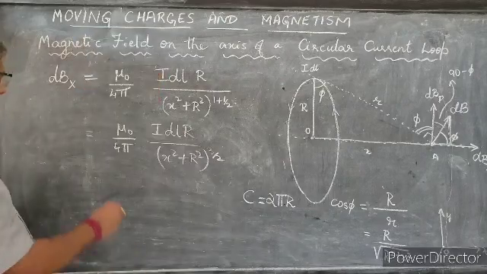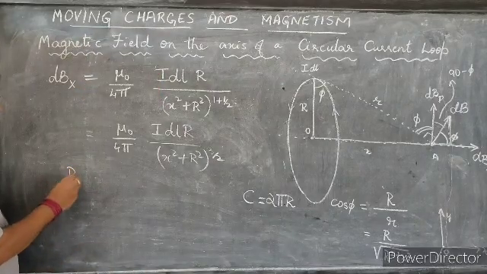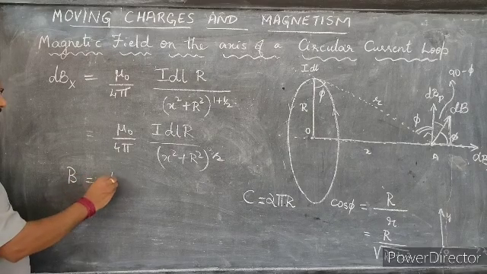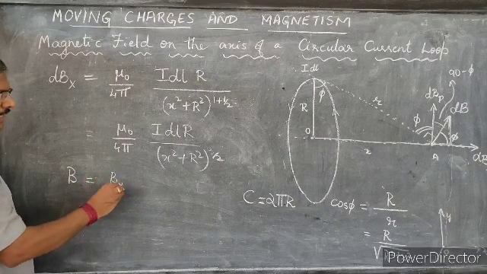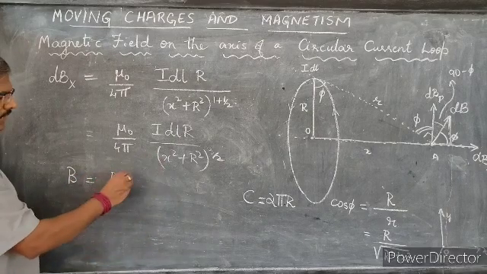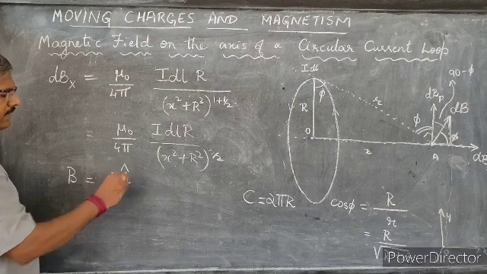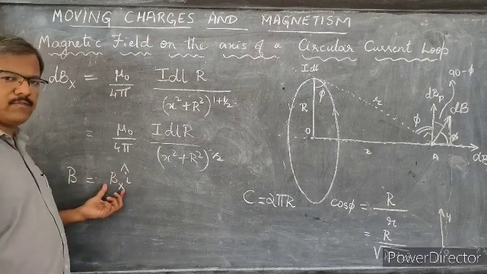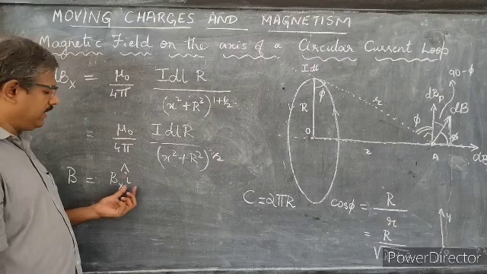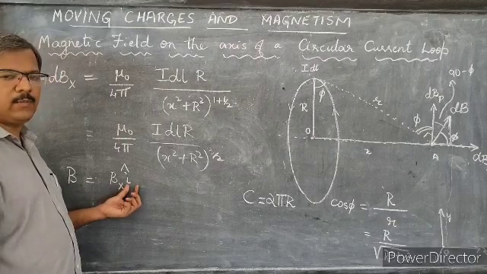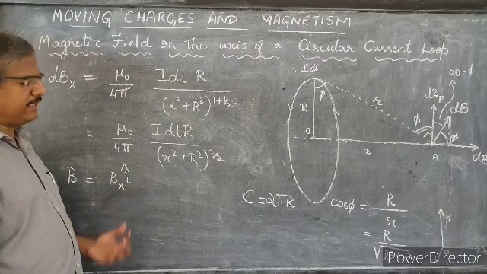Which means the total magnetic field B is the magnetic field along the x component, which can be represented as the magnitude of the x component magnetic field multiplied by the unit vector i along the x-axis.